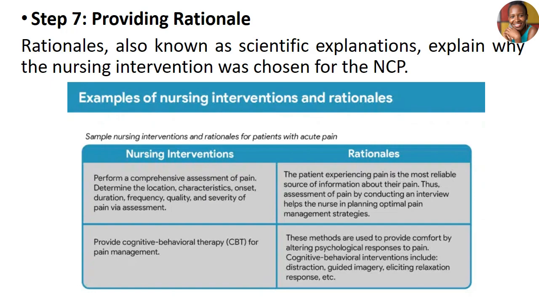So the assessment of pain by conducting an interview will help the nurse in planning optimal pain management strategies. So give a reason why you want to intervene in that particular aspect. The rationale is just another term for why you are picking that particular intervention. So you need to explain it.